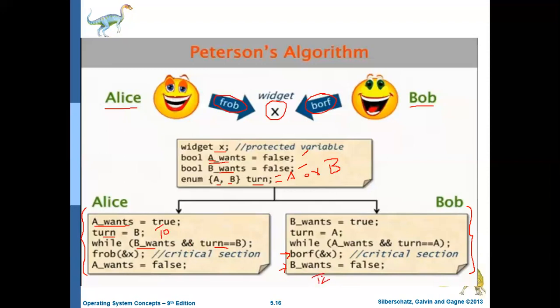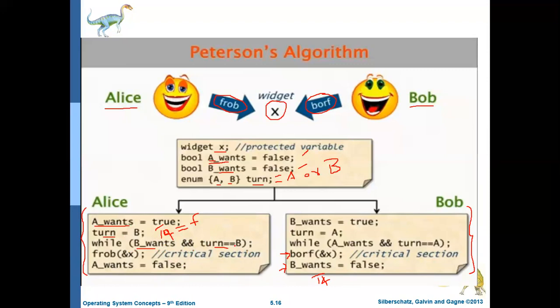Then till time t4 Alice will keep on checking what B wants is and what turn is. Turn is B, that is not going to change, but B wants will change to false at time t4. There is no more B wants to enter the critical section. Then this while loop fails, because false and true becomes false.